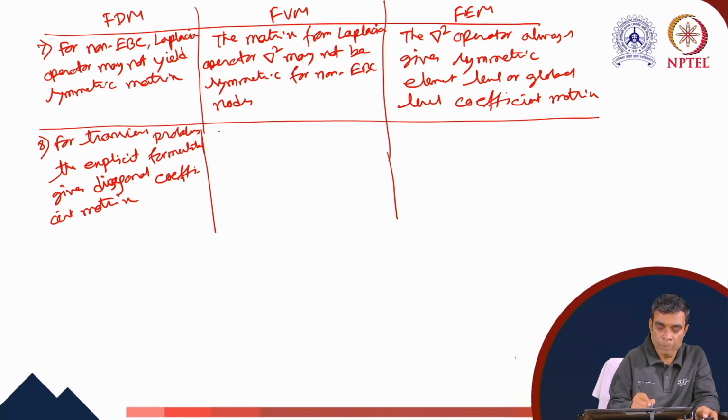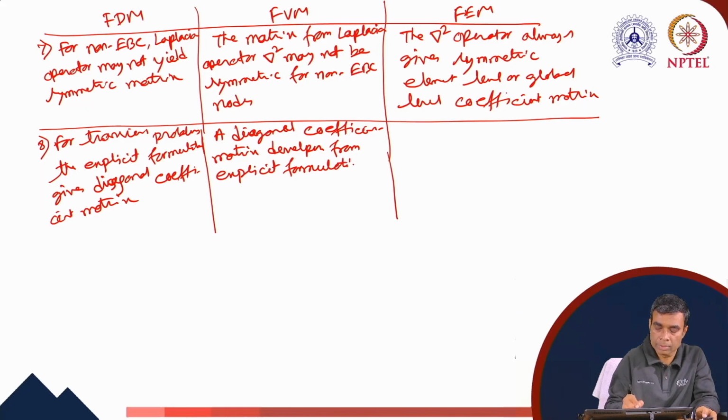Same for the finite volume method. A diagonal coefficient matrix develops from explicit formulation of transient problems.